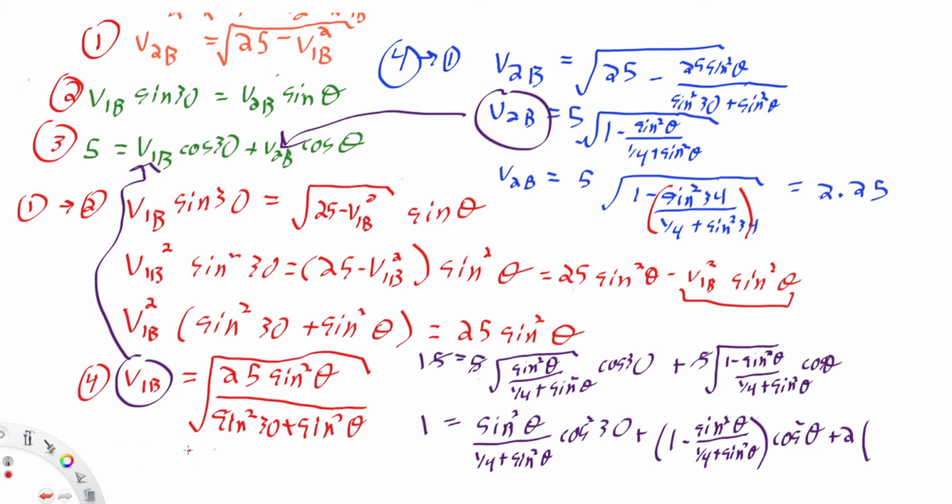So we're going to have 2.75. So these two numbers here are magnitudes.